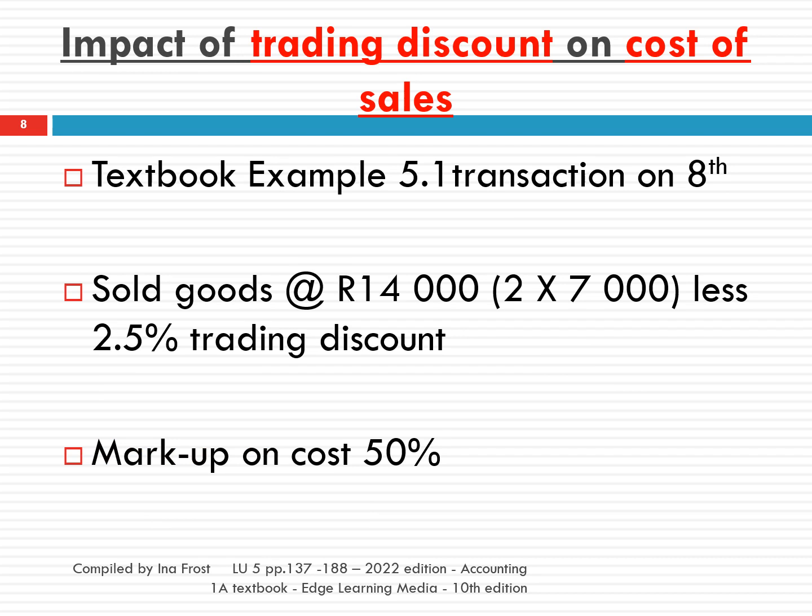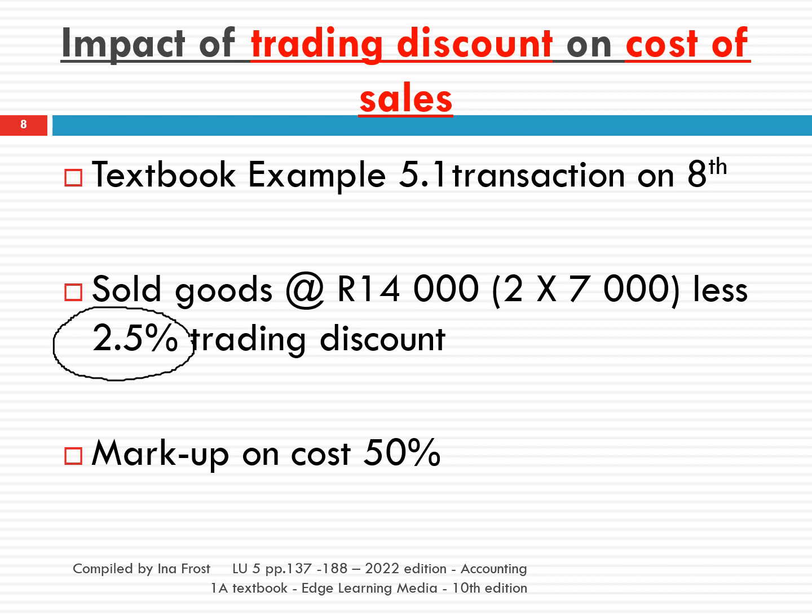Now, the next thing we need to look at is how these trade discounts impact our cost of sales calculation. If you want to follow on, you can look in your textbook now at example 5.1 and specifically the transaction that took place on the 8th. On the 8th, there was a sale of inventory and there was a 2.5% trade discount.